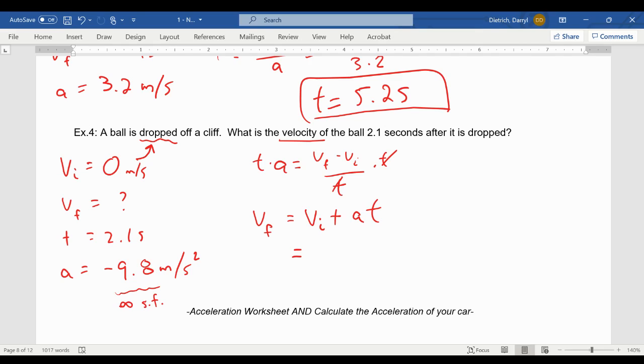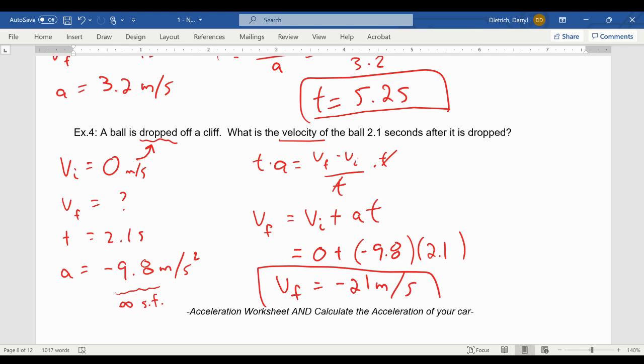Now if we plug and chug, we get 0 plus negative 9.8 times 2.1 seconds, so our VF is negative 21 meters per second once we chop it for sig figs.